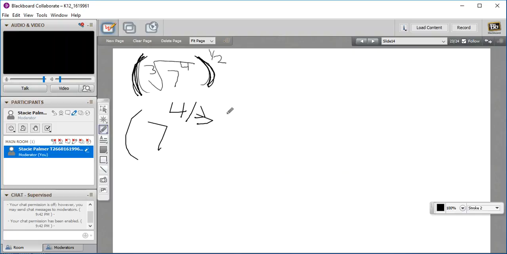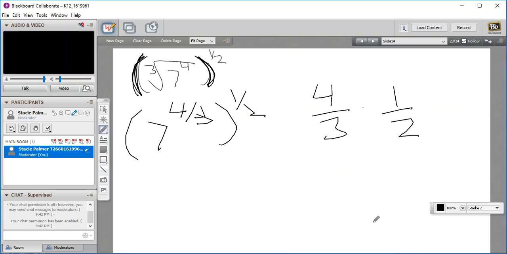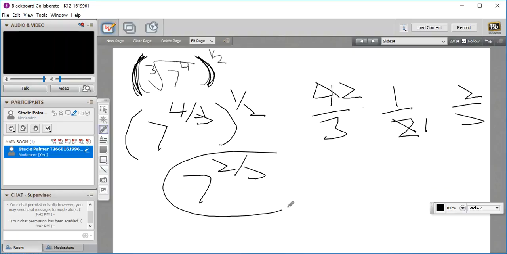Okay, then we need to raise that to the 1/2 power. So again, this is a power of a power. So we're going to multiply 4/3 with 1/2. 2 goes into 4 twice. 2 times 1 is 2. 3 times 1 is 3. That becomes 7 to the 2/3 power.